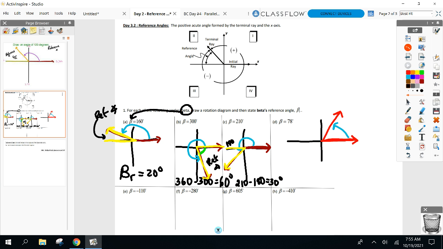Mhm. If an angle's in the first quadrant, it's its own reference angle, right? Because look, if I go this side of the x-axis and this terminal side, what's the problem? More than 90. That's way more than 90, so that can't be a reference angle. So the only way I can do it is highlight the same angle I just did. So the reference angle, beta r here, is 78 degrees. If an angle's in the first quadrant, it's its own reference angle.